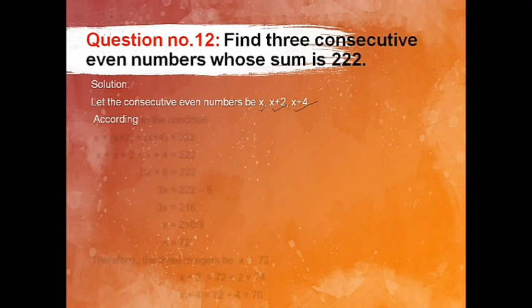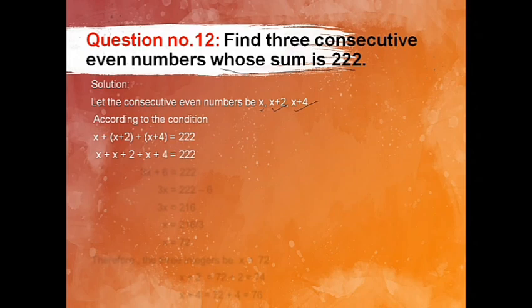So these are the three consecutive even numbers. Now according to the condition of the question, what is given? Find the three consecutive even numbers whose sum is 222. Whose sum means addition of three consecutive even numbers is equal to 222. So here we will write the equation as x plus (x plus 2) plus (x plus 4) equals 222. Now first we will remove the bracket, that is x plus x plus 2 plus x plus 4 equals 222.